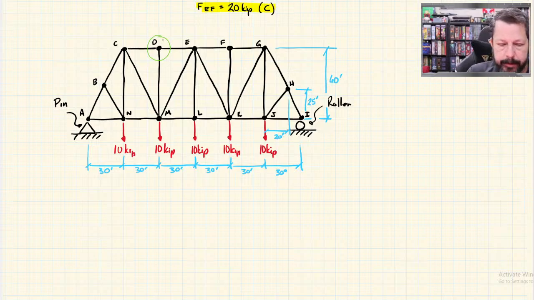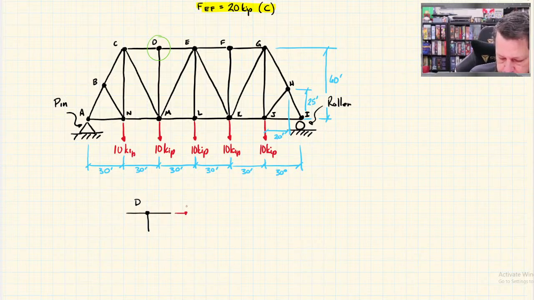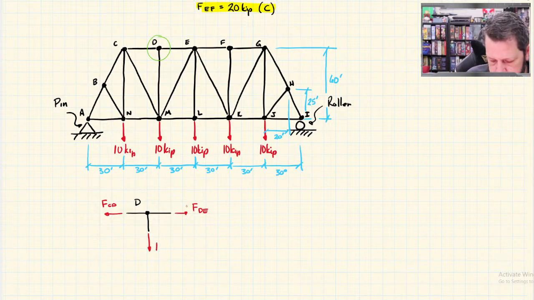We don't need to solve anything, but let's draw the free body diagram or a joint equation at D and see what happens. So I would have this, and this, and that would be the force in DE. There's the force in CD. And here is the force in DM.